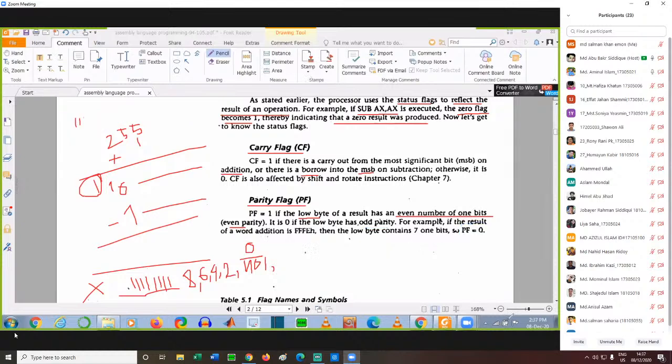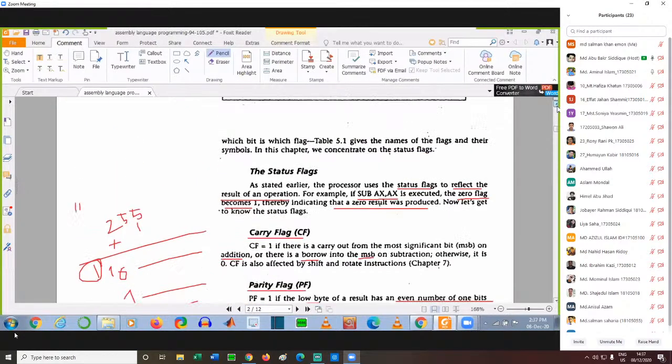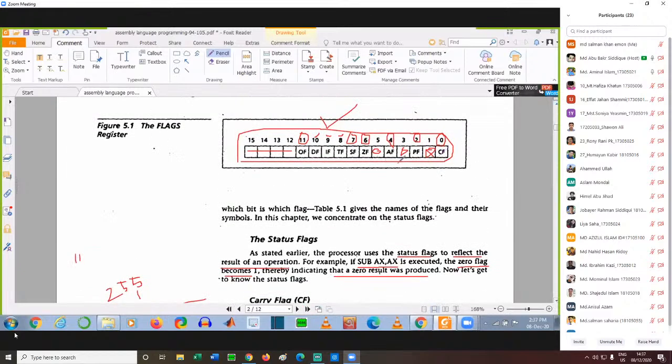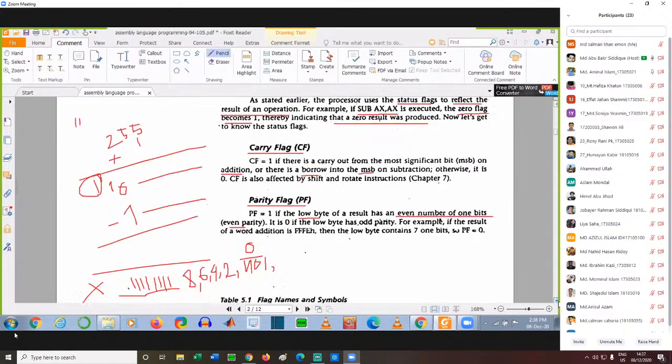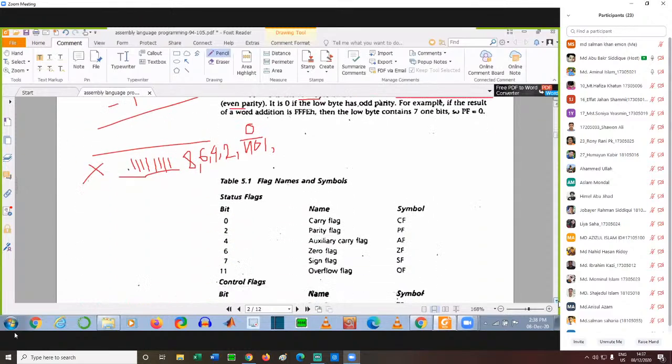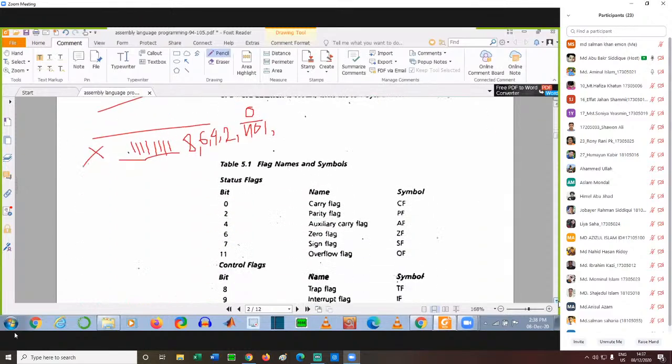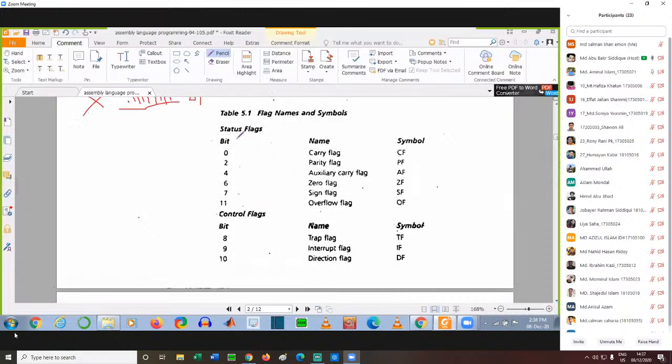Okay, good. So we understand CF, we understand PF. We are going bit by bit. First we understand bit number 0, that is carry flag. Then bit number 2, that is parity flag. Then bit number 4, that is auxiliary flag. Here we also have an overview given.